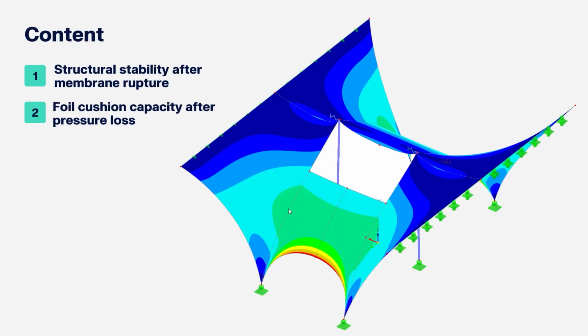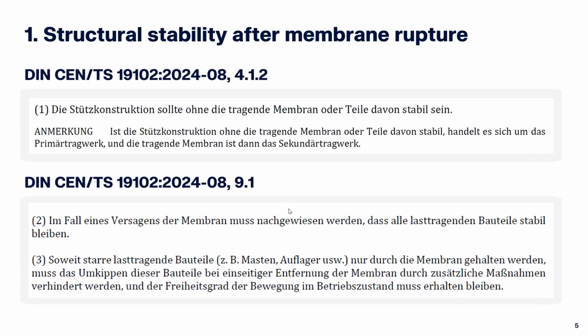Well, there is in the standard, at least in Europe, which came out last year, especially for membrane structures, it says so. I only have the German translation, but I'm going to translate the important parts to English. So the first sentence is that the supporting structure should be stable without the membrane or parts of it.